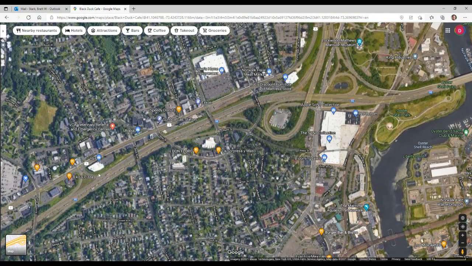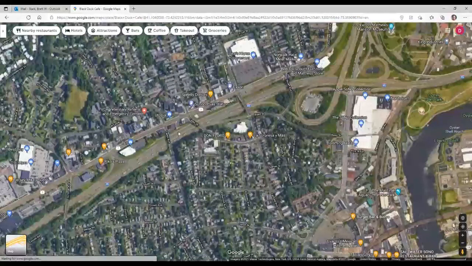Same thing with the northbound traffic, if the northbound off ramp is closed.